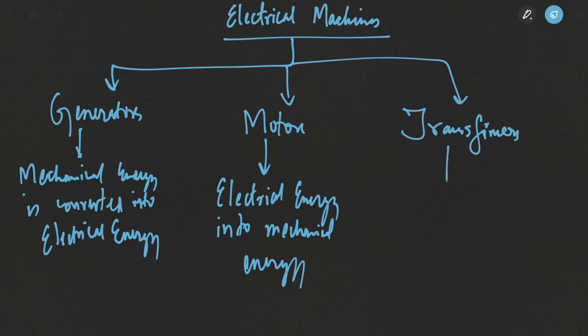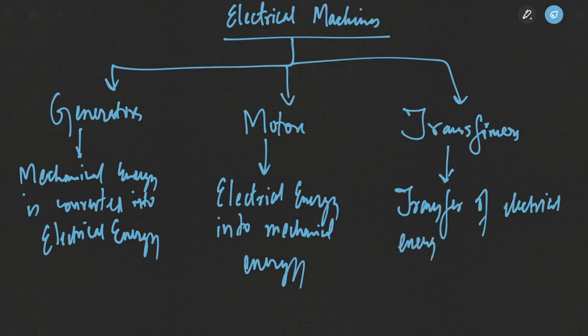And thirdly, you have the transformers. Transformers do not deal with conversion of electrical energy, but they deal with transfer of electrical energy. So you can transfer electrical energy from one circuit to another circuit or to n number of circuits using transformers.